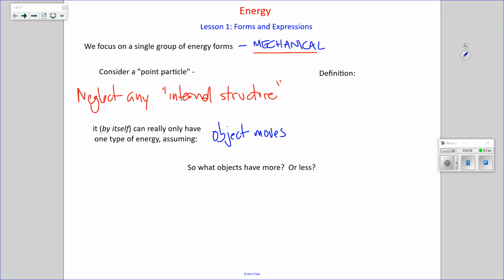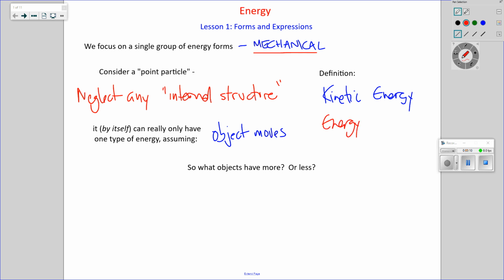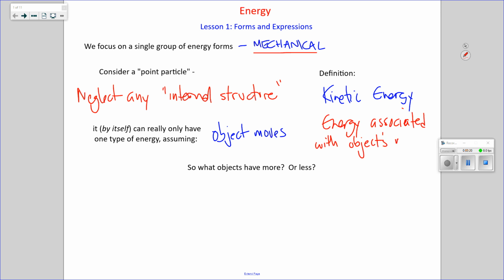All right, and so by definition, we call kinetic energy the energy associated with an object's motion, or perhaps energy of motion.